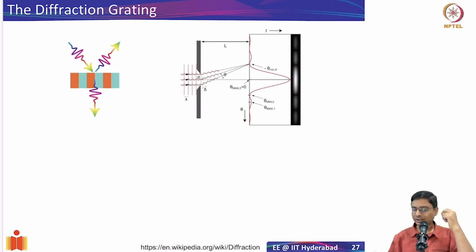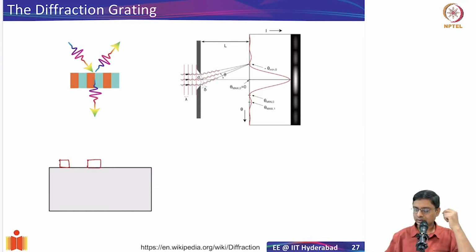If I have to draw a diffraction grating, it would look something like this. Let's say I have my structure substrate. On top of that, let me say I have some materials with different refractive indices.